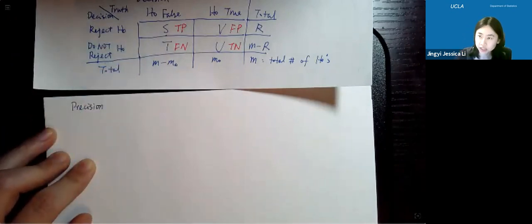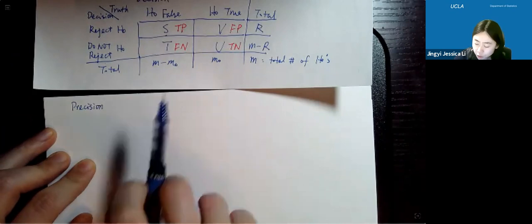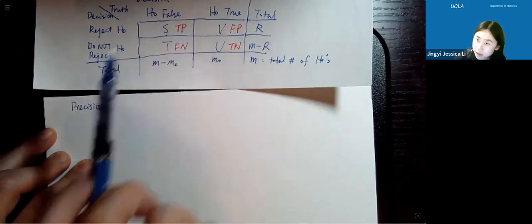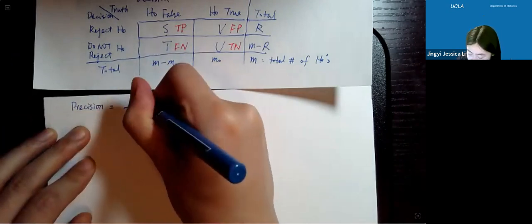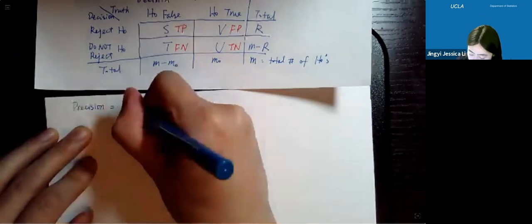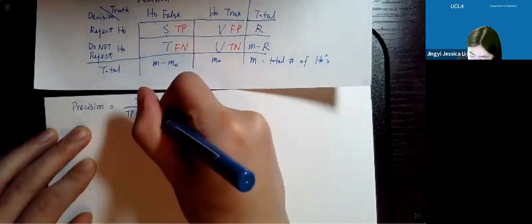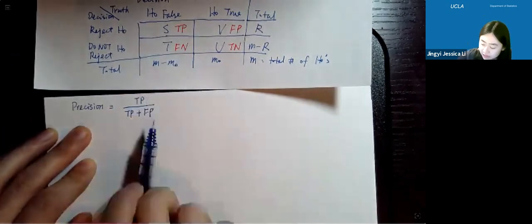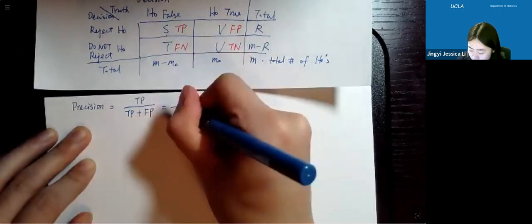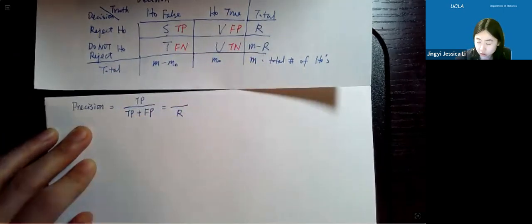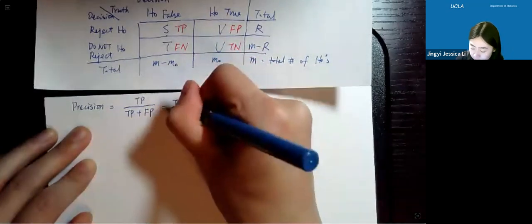Precision is the percentage of true positives among positives. In other words, it's TP divided by TP plus FP, where TP plus FP is R, the total number of rejections, or the DE genes you call. Among it, how many of them are true positives?